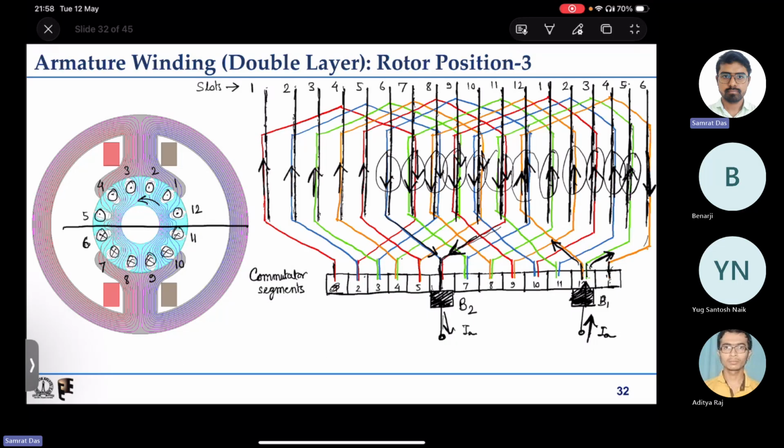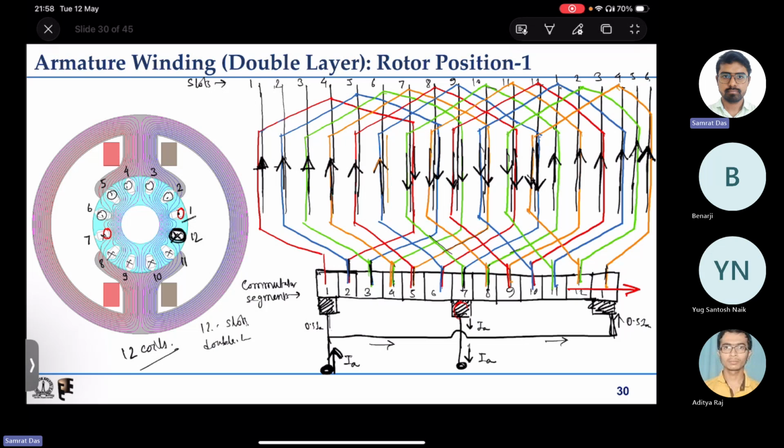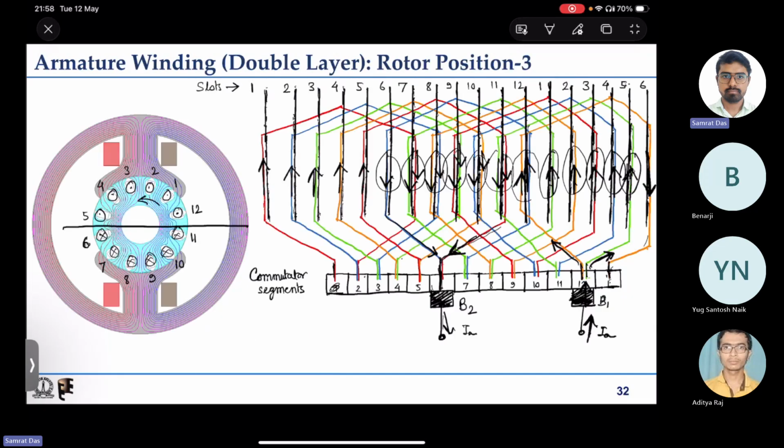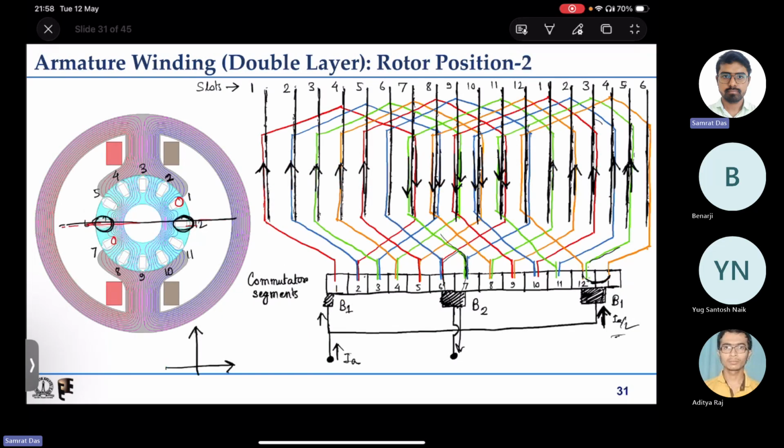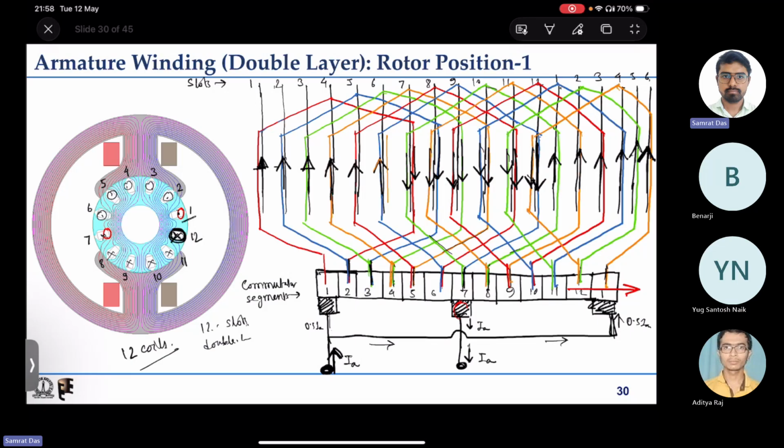Now let us see what is happening to coil number 6. Which one are we just discussing? Yeah, coil number 6 only. What is happening to this coil number 6? Earlier, this coil, coil number 6, you can see that it is carrying current in the upward direction.